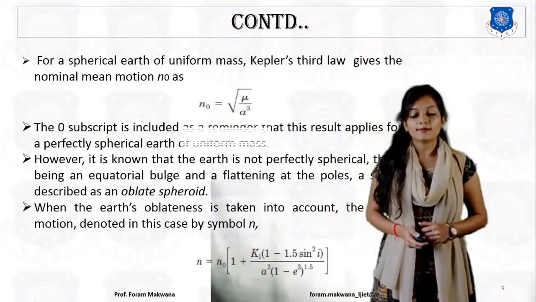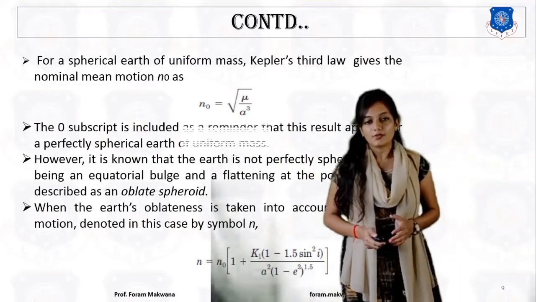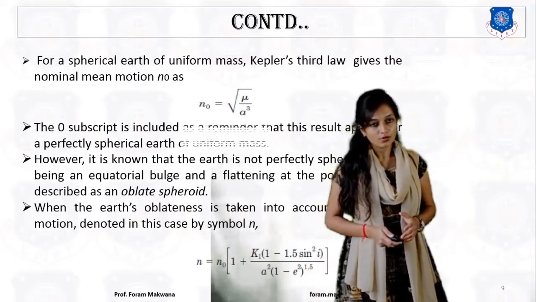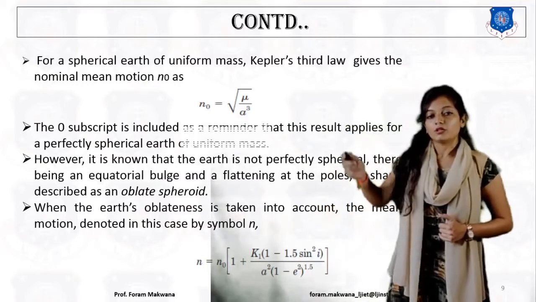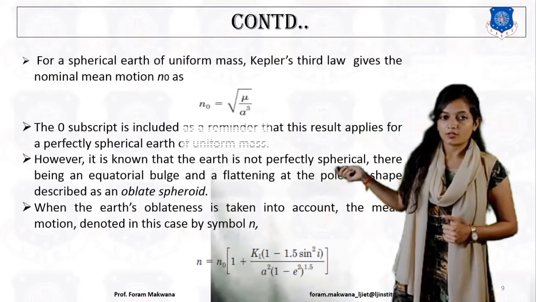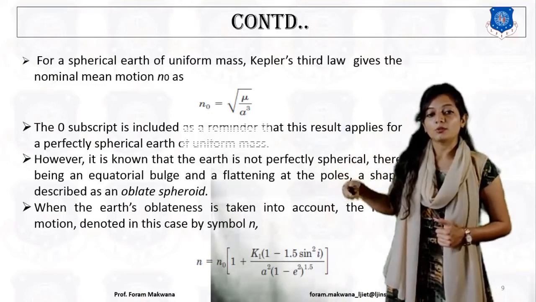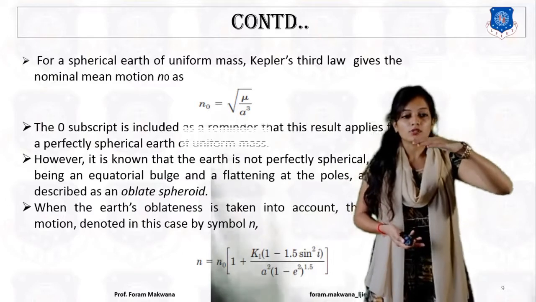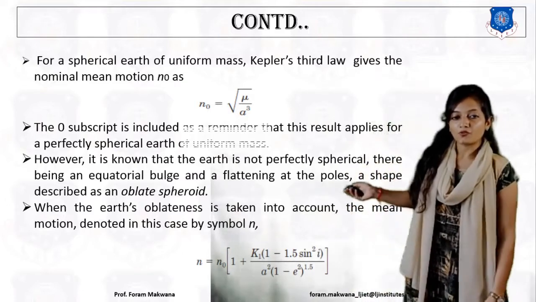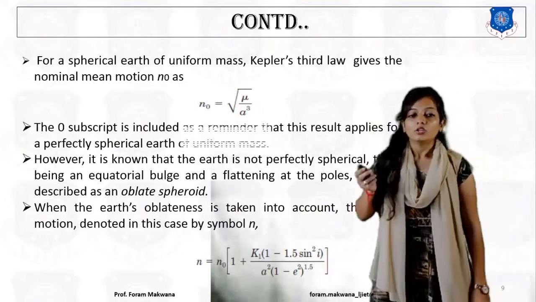Then what is small e? Small e stands for eccentricity. Alright. So we can say that the Earth is not perfectly spherical, so it has an equatorial bulge and flattening at the poles. This shape of the Earth is called an oblate spheroid.